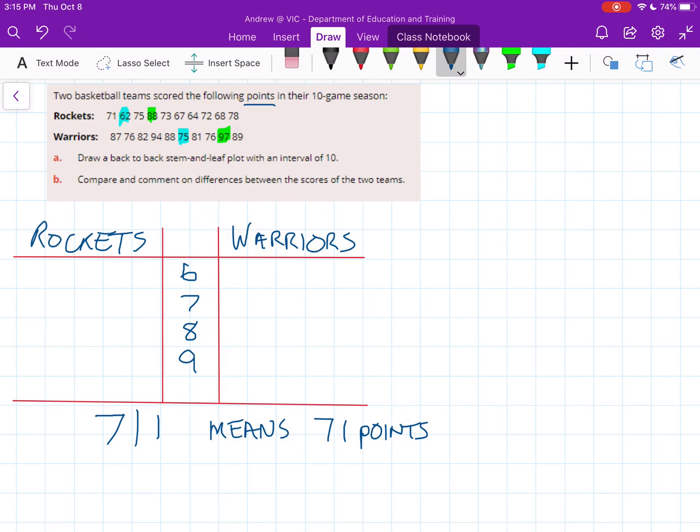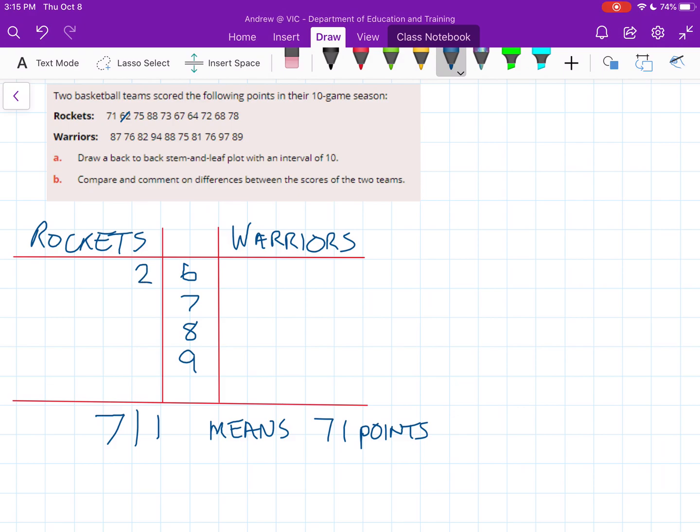We're going to start with the Rockets. It's always good to cross out your data so you don't miss any points, and you start closest to the stem, even when going on this first column. So we start closest to the stem and we get the smallest number, which is 62.